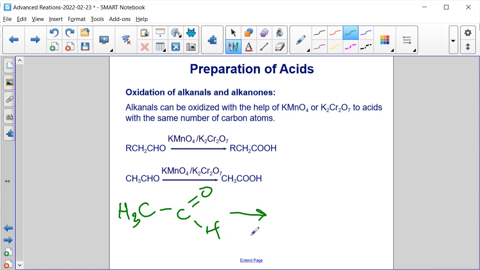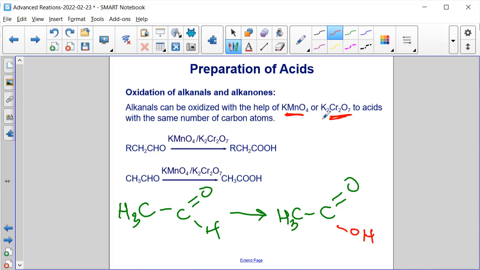Now, we have an oxidation of this alkanal to produce an alkanoic or carboxylic acid. So this parent structure remains the same. This double bond remains. But now we have OH. So this oxidation occurs with the help of either of these compounds.